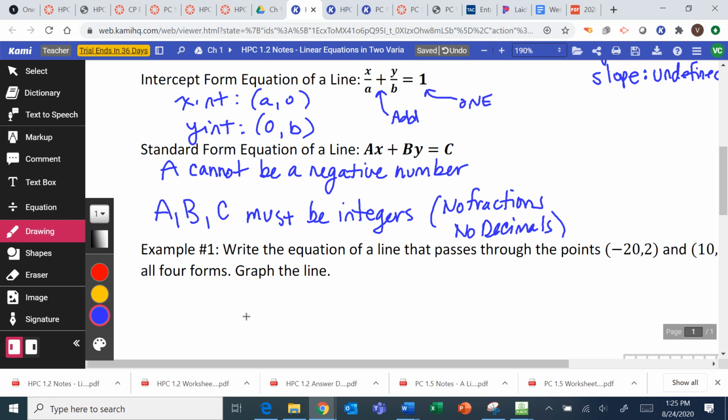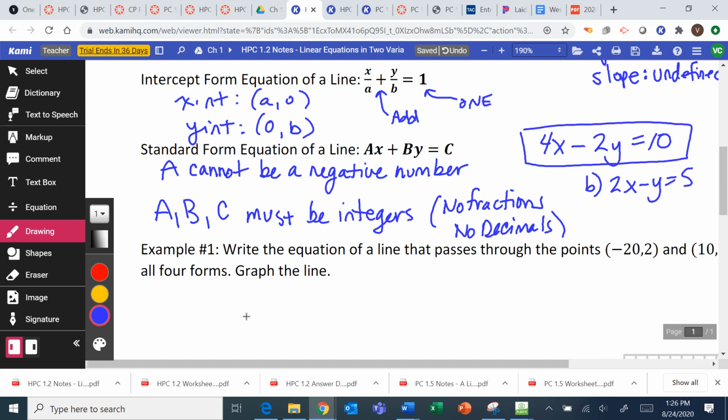I will warn you that sometimes you might get a standard form answer that's 4x minus 2y equals 10. Maybe it's a multiple choice question, and that one's not there, but answer B is 2x minus y equals 5. What did they do to make it into that answer choice?